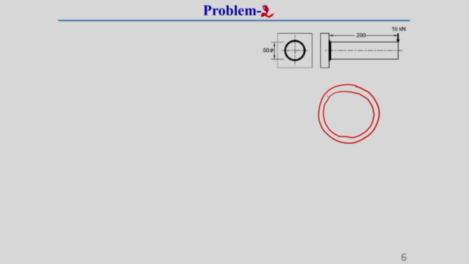This is the main step of this type of problem. So, this is our x axis. Now, consider an elemental section. This is the center of this shaft, or you can say this is the CG of this weld, that means the circular weld. So, here I am going to show how to find out the Ixx.